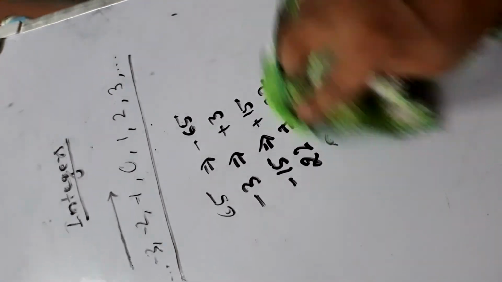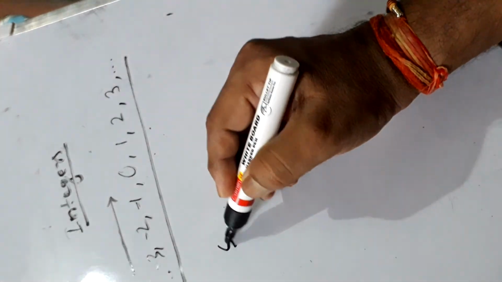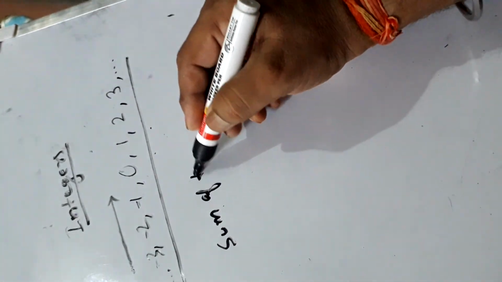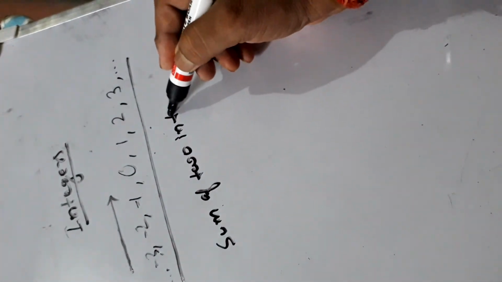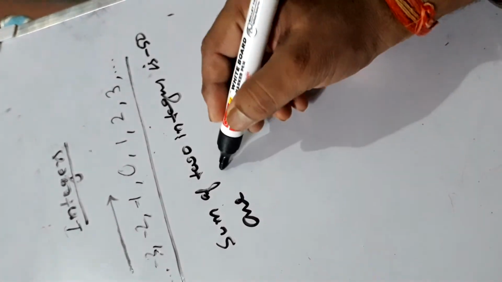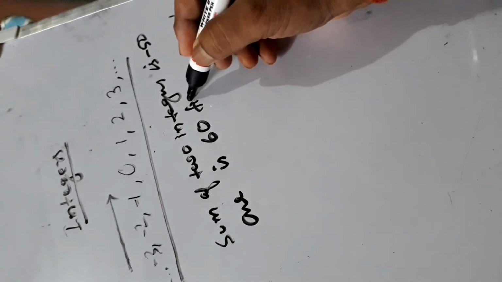Now if it is given that the sum of two integers is -50, one is 60, find the other.